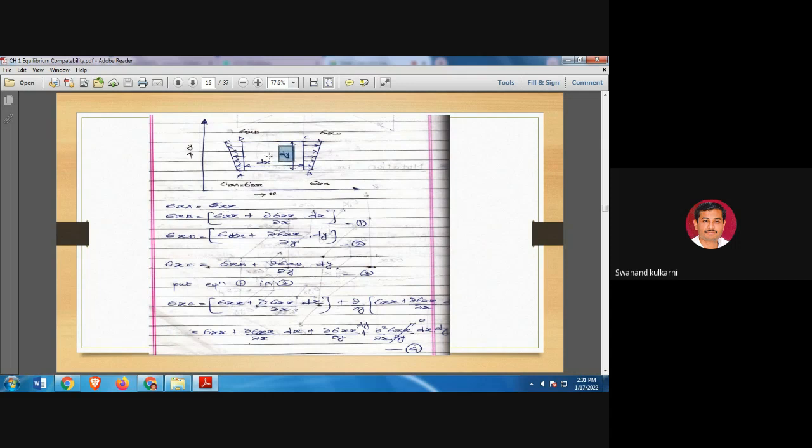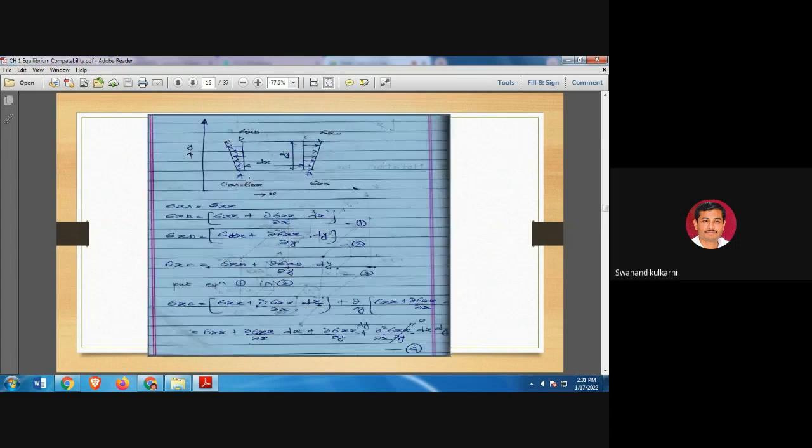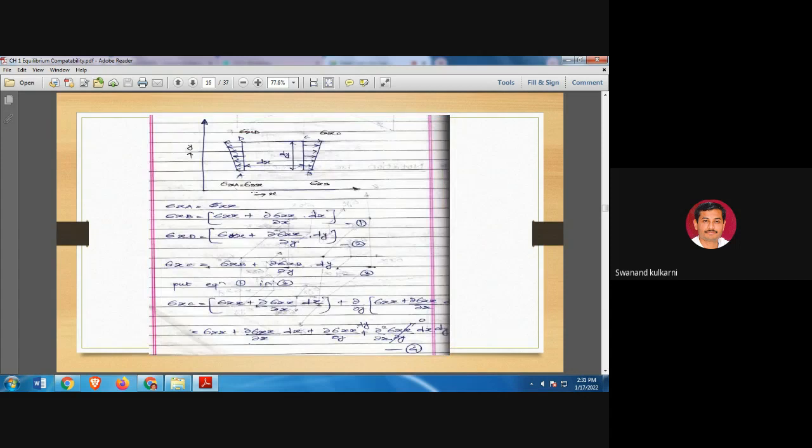Okay. Now say point A, as it is a reference point, we have considered the stress at point A as sigma xa. Is it okay? Then I want the stress at point B. Is it okay? The stress at point A we are considering sigma xa.